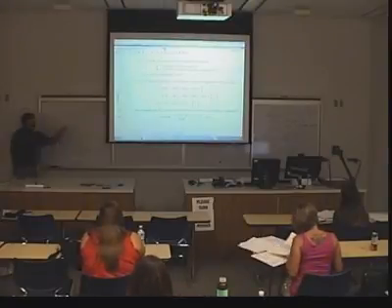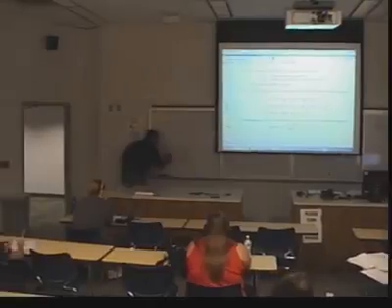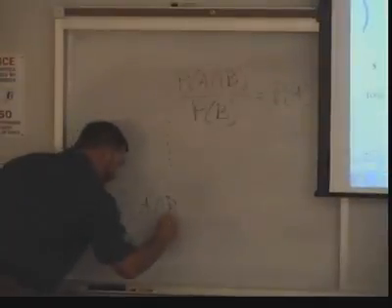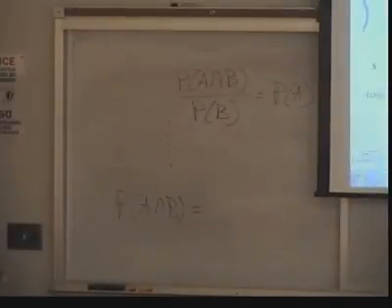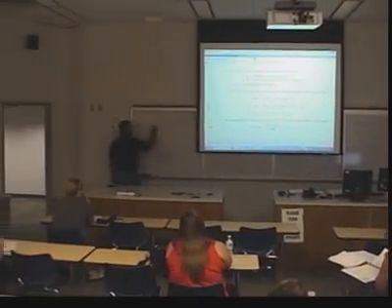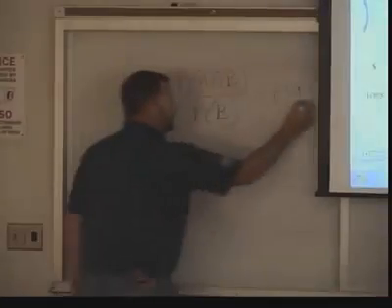I want to do some math and get to this point where I have P of A intersect B is equal to something. Probability of A times probability of B. That's the final answer, and the way that I do it is by multiplying both sides by the probability of B.